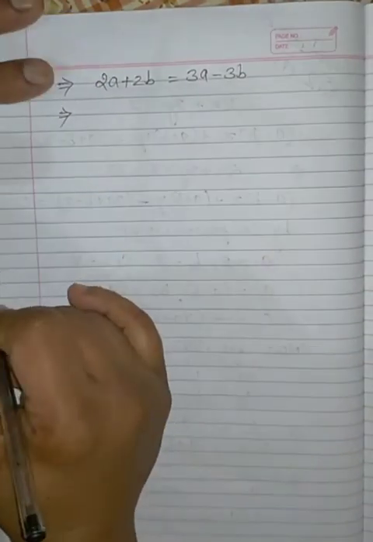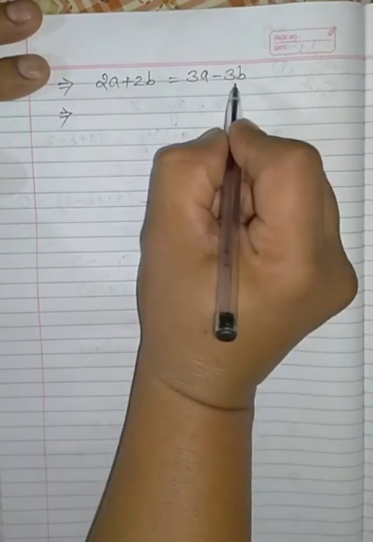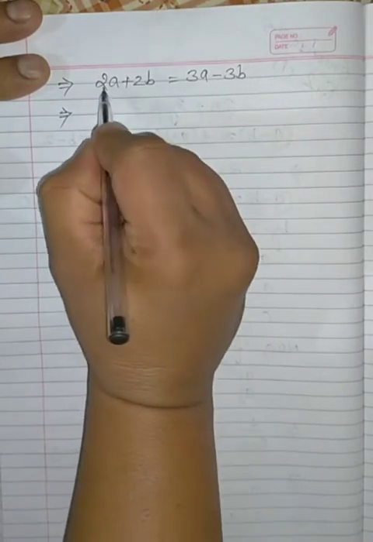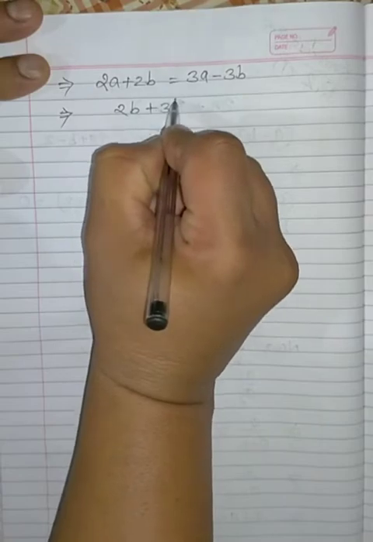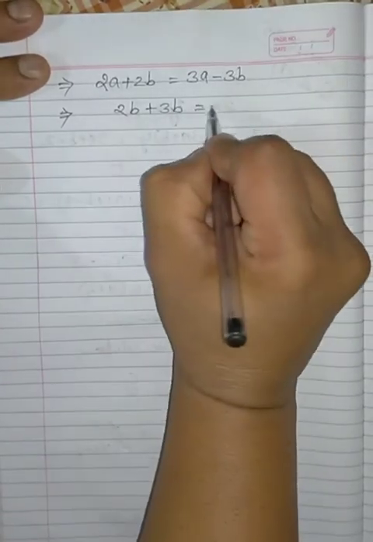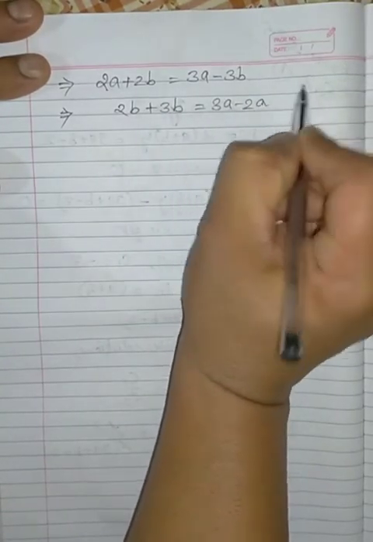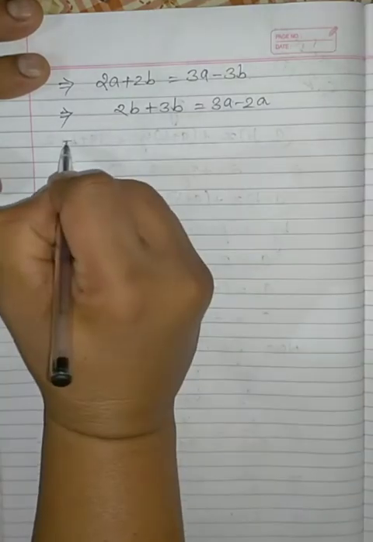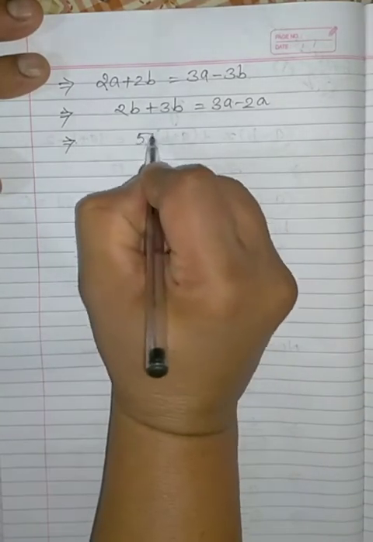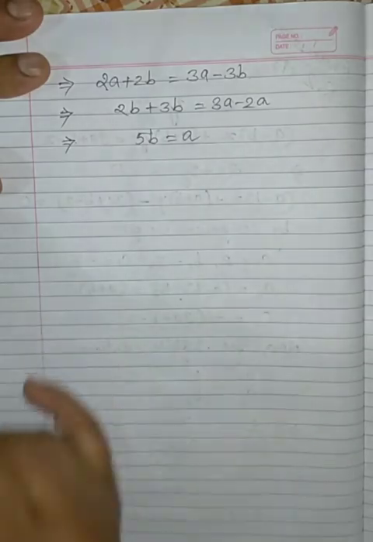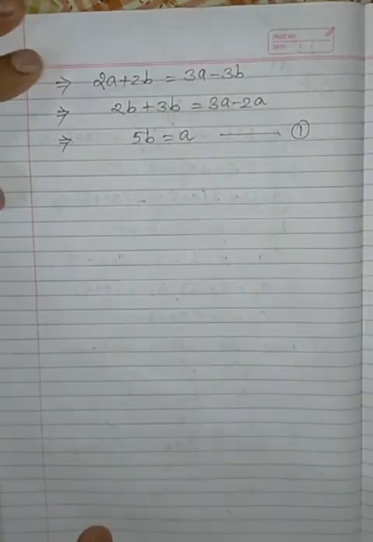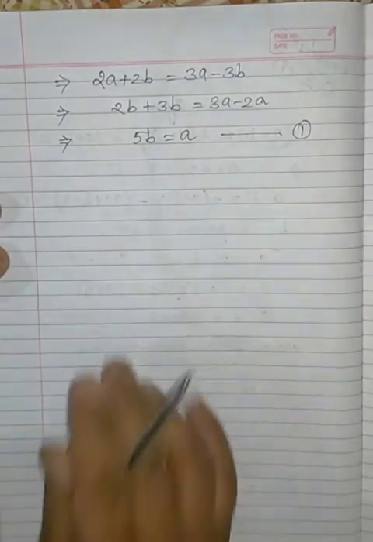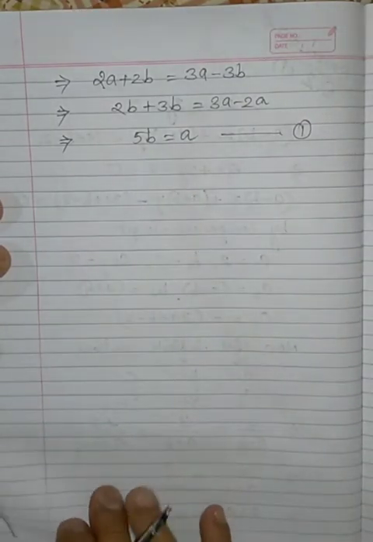That implies we will bring 3b to this side and 2a to that side. So 2b plus 3b is equal to 3a minus 2a. That implies 5b is equal to a. Let us call this equation number 1 because this relation will be useful in solving the second part.